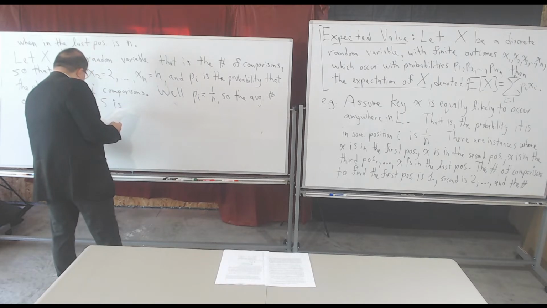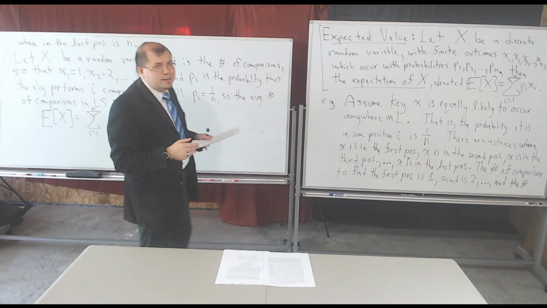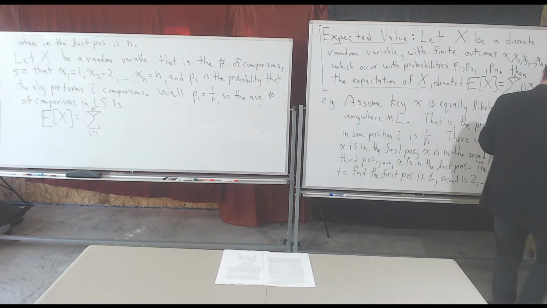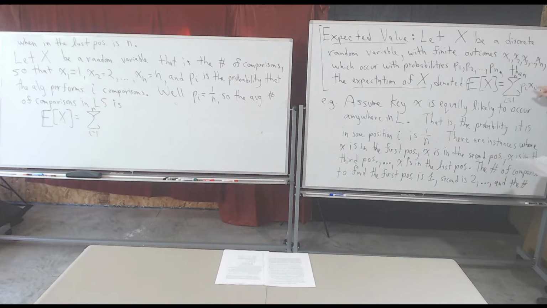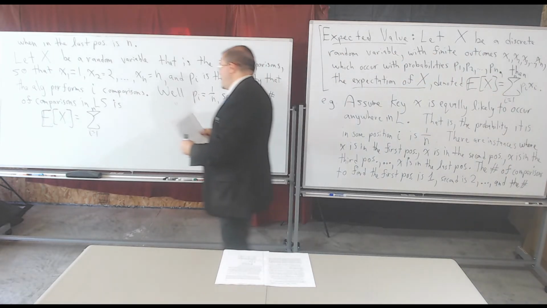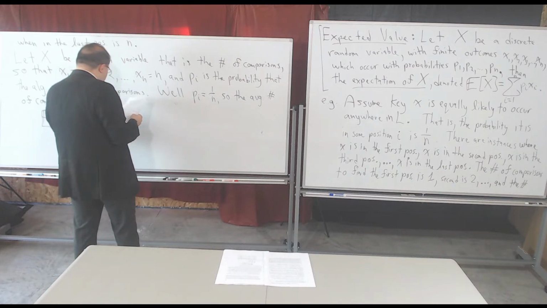So I go i from 1 to n. Now remember, this is sigma notation. So if you were to expand this out, it would be p sub 1 times x sub 1 plus p sub 2 times x sub 2 plus p sub 3 times x sub 3, and so on all the way up to p sub n times x sub n. So p_i x_i.